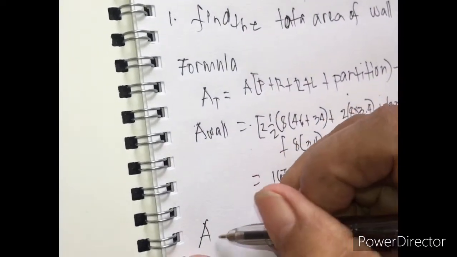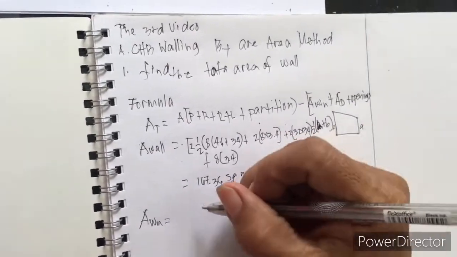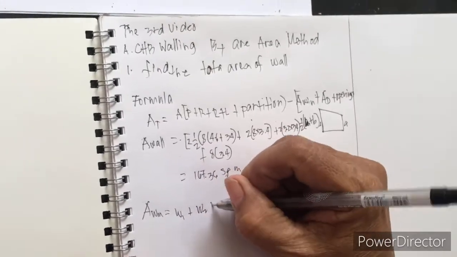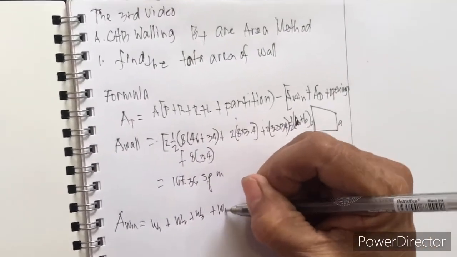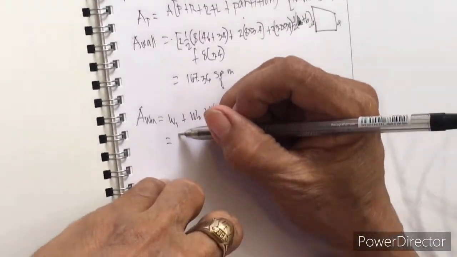Area of the window. So now we solve the area of the window. Window 1 plus window 2 plus window 3 plus window 4. Then substitute. Refer to the drawing.